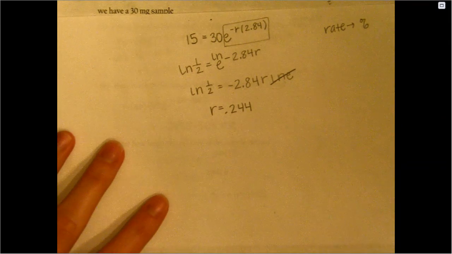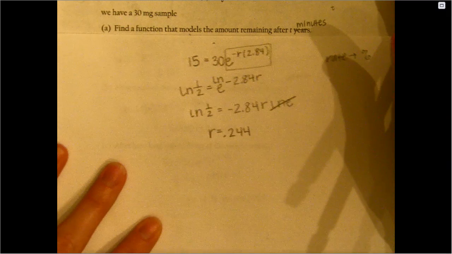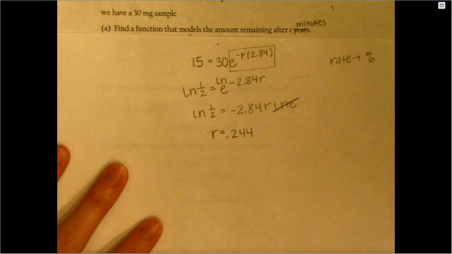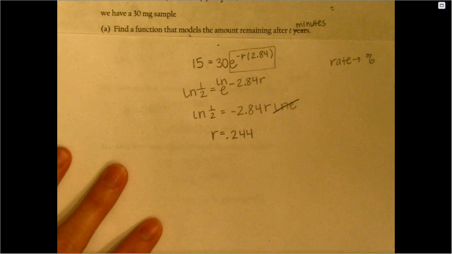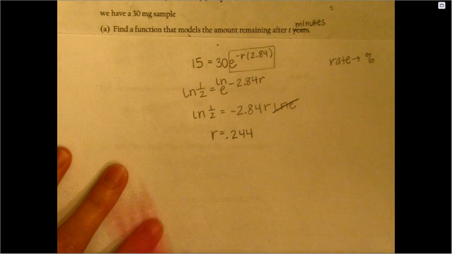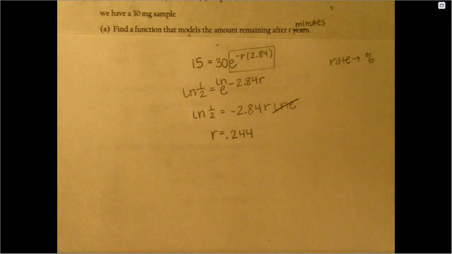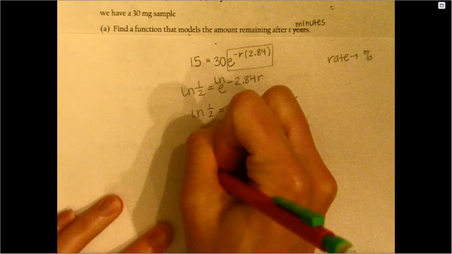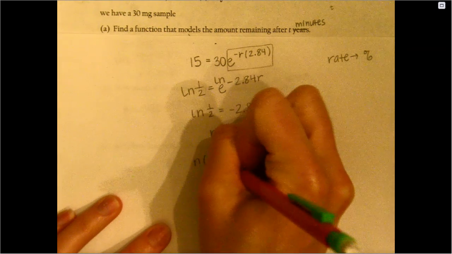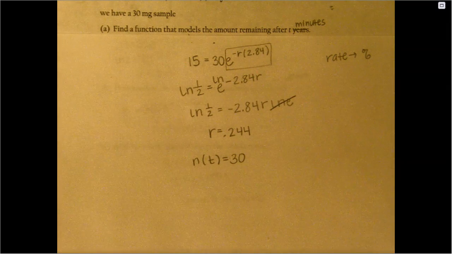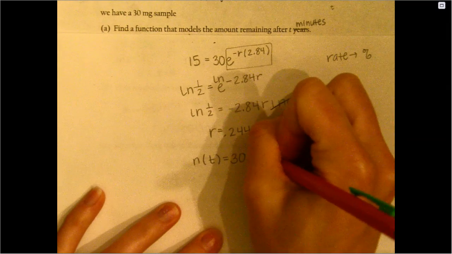Okay, so let's see what the first question was now. Find a function that models the amount remaining after t minutes. And so that just means we want an unspecified amount of time. So we want t now to be our variable. So I can find it after 2 minutes or 4 minutes or 10 minutes, etc. So I'm going to go back to my original equation, plug in 30 for my initial value, and now I can put in my rate.